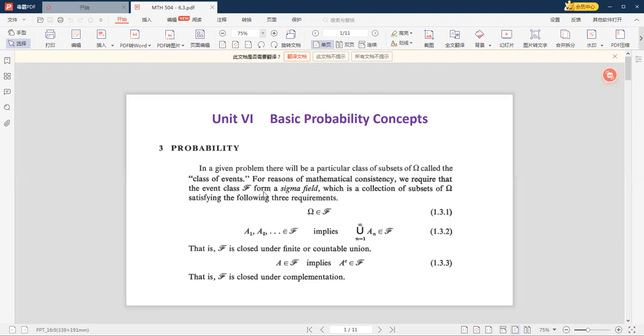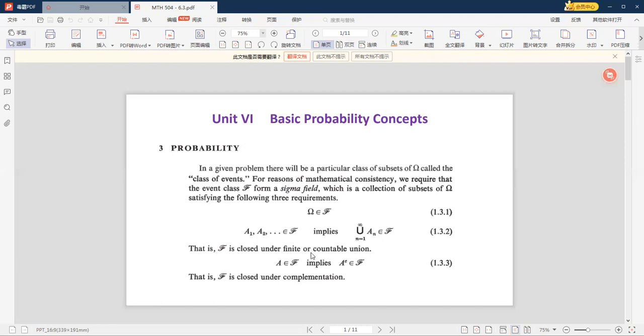So F is a class of events or sets. If you take the union of everything in this field, it should also be in this field. So that means the field, or the class, is closed under finite or countable union.